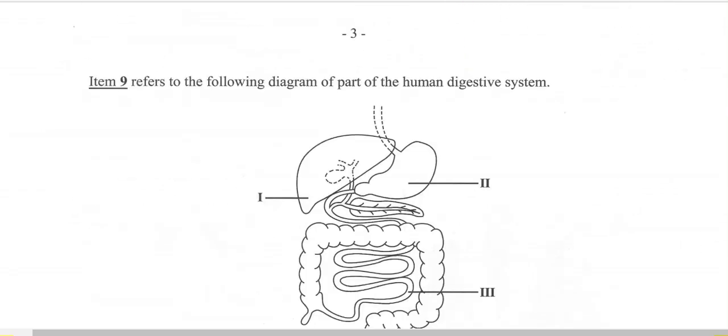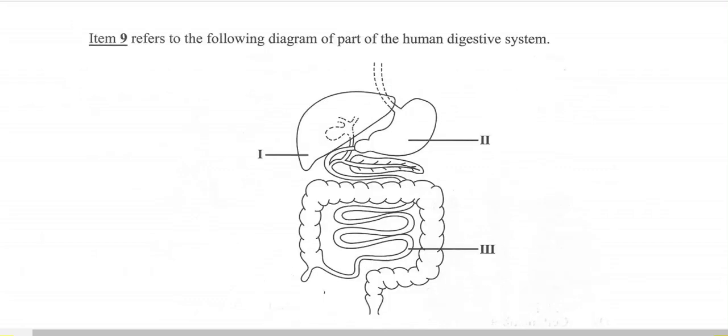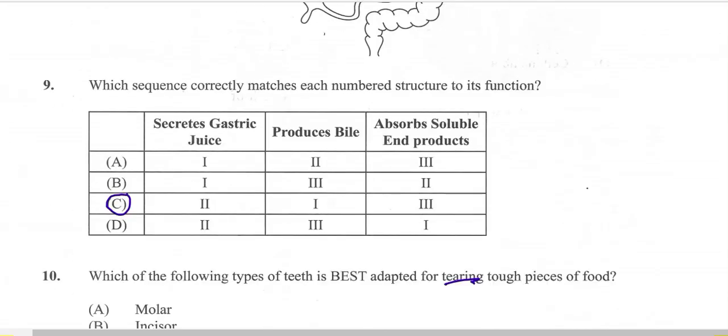Now we move on to question number 9, which looks at pretty much the digestive system. It refers to the following diagram of a part of the human digestive system. The liver labeled as 1, the stomach labeled as 2, and the small intestine as 3. Which sequence correctly matches each number structure to its function?